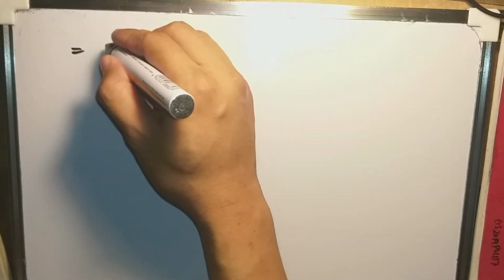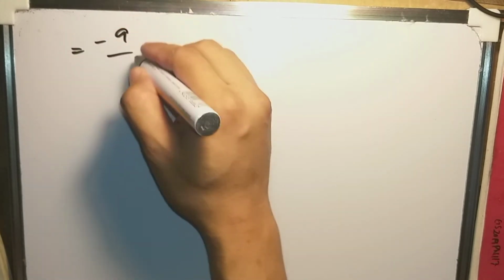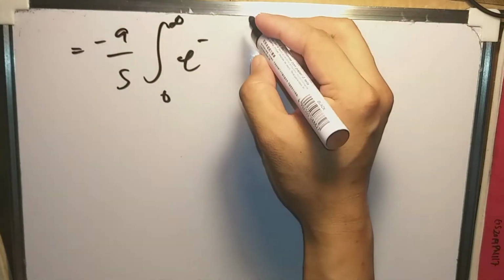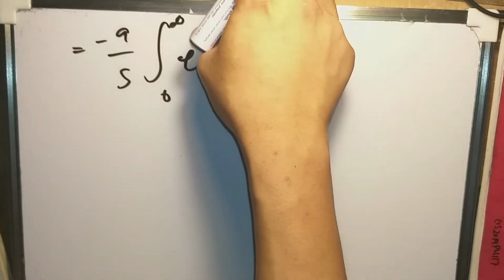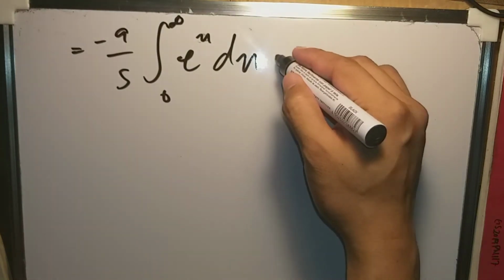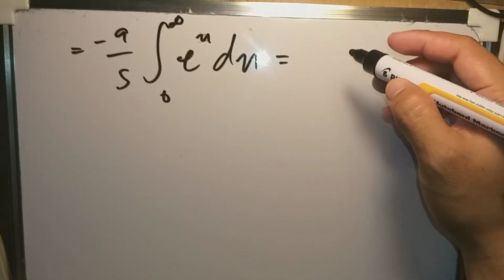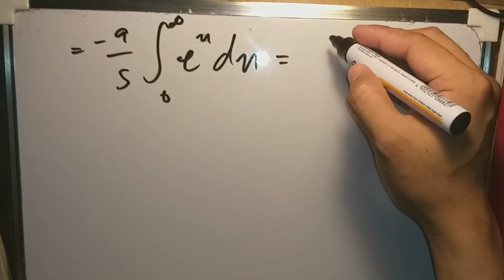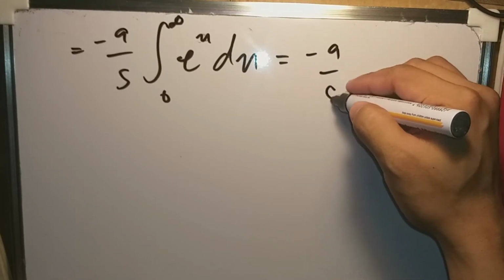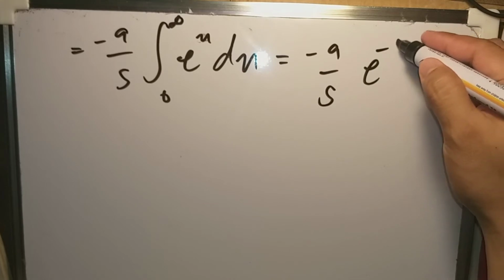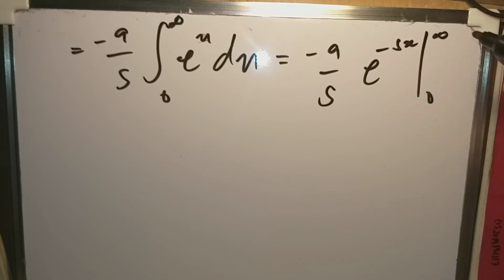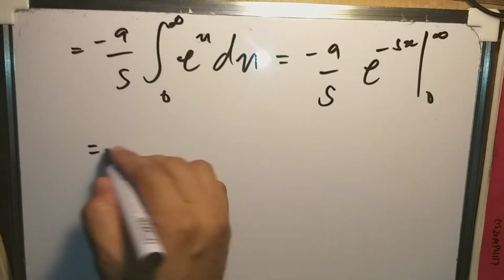So we have minus A over s times the integral from 0 to infinity of e to the u du. So we will have minus A over s times e to the negative sx, evaluated from 0 to infinity.